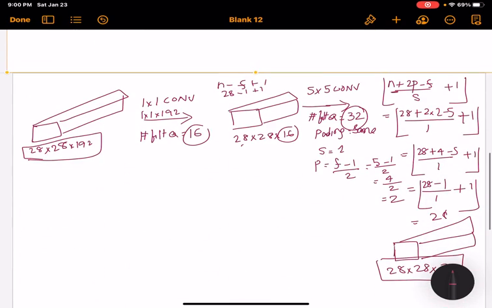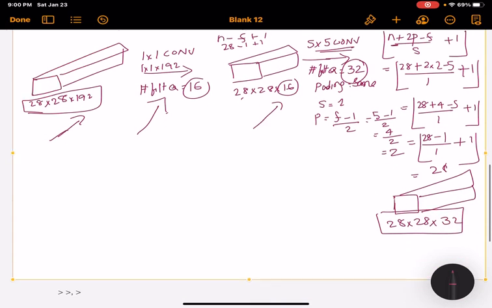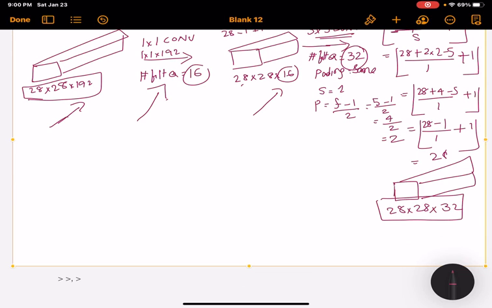But in this example, I have first convolved my input with a 1 cross 1 convolution operation, and then convolved its result with a 5 cross 5 convolution operation to get the same output as the previous example, which is 28 cross 28 cross 32.